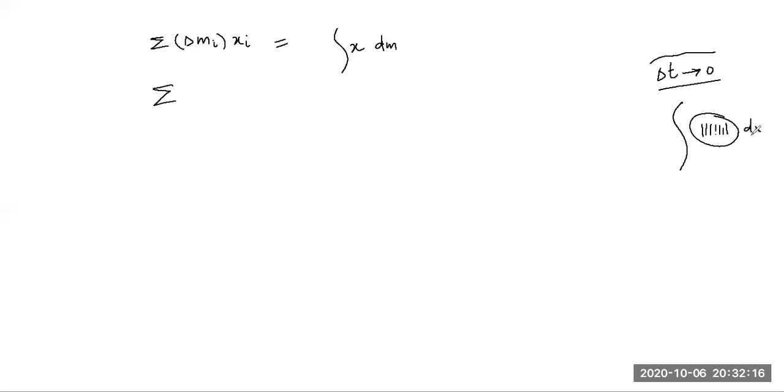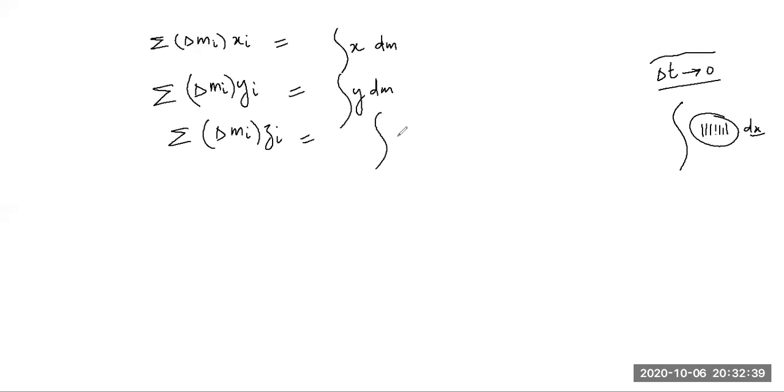So similarly, I get summation delta m_i y_i equal to integral y dm, and summation delta m_i z_i equal to integral z dm, right?